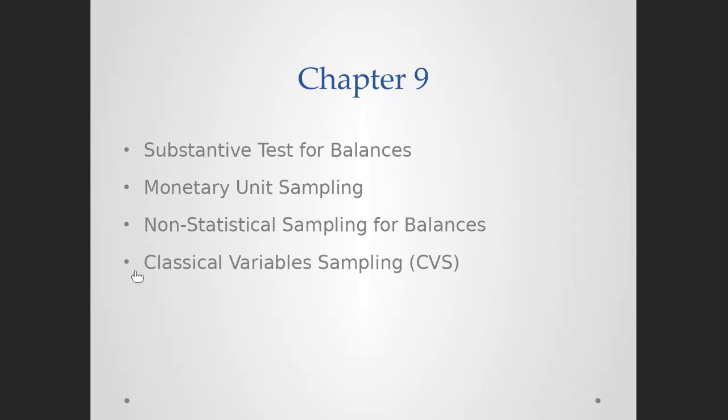And then the last one we discussed was classical variable sampling, and these follow pretty much the same format: plan, perform, document, right? What is the 4th step? 4th step is document.